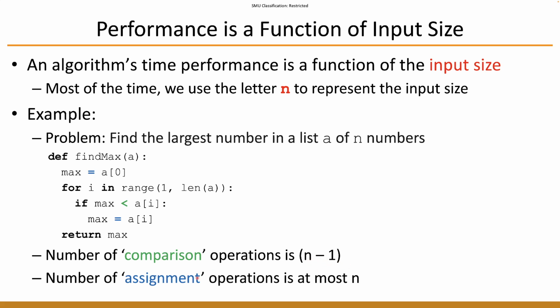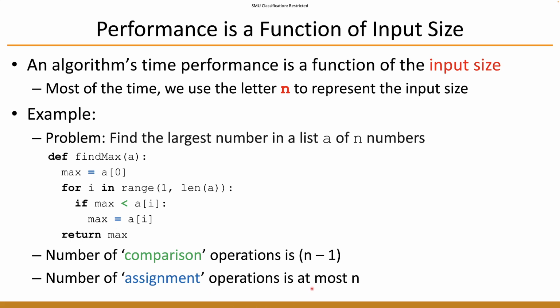And the number of assignments, if you look over here, is actually variable. Sometimes it can be large, sometimes it can be small. If the true maximum occurs at the first location, then you only have one assignment. But if, let's say, the numbers are in increasing order, then the assignment over here will be executed after each and every comparison.